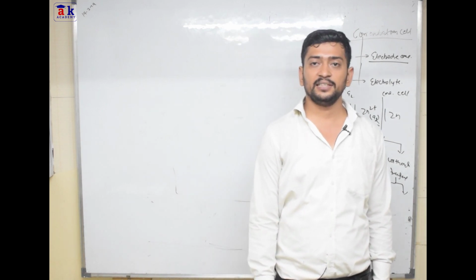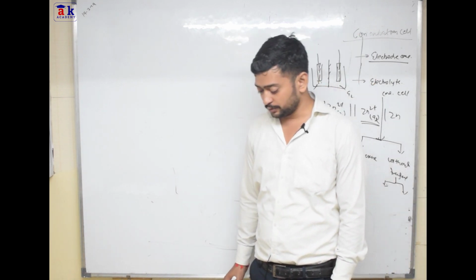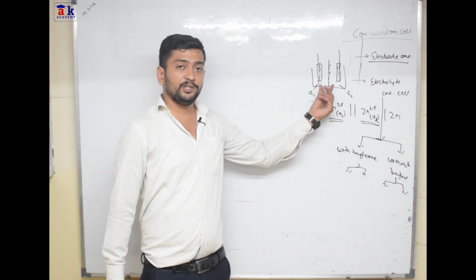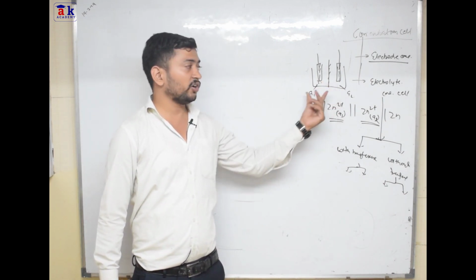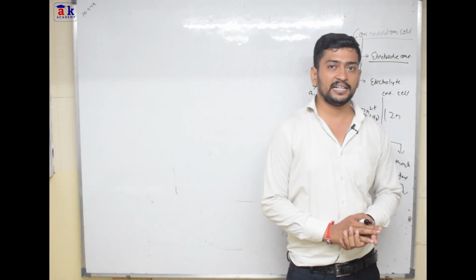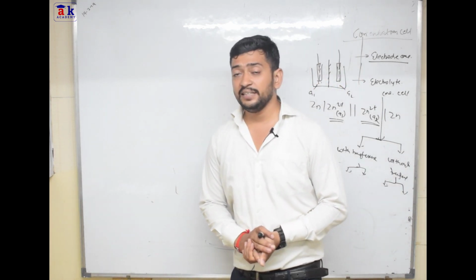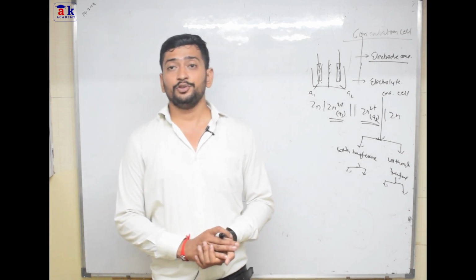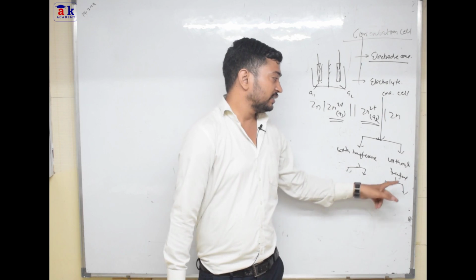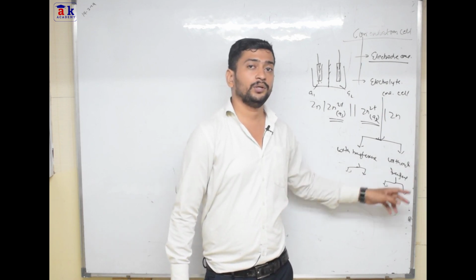We have discussed this in our previous videos. So here, if I am using the salt bridge, they are not in contact with each other. Ions are migrating from this side to that side, but the solutions are not in contact with each other. In that case we can say the cell is without transference.